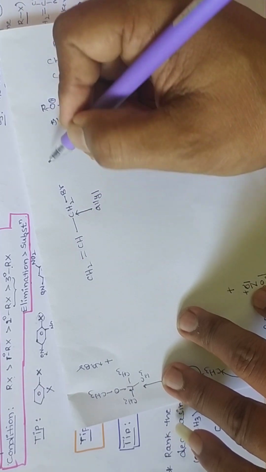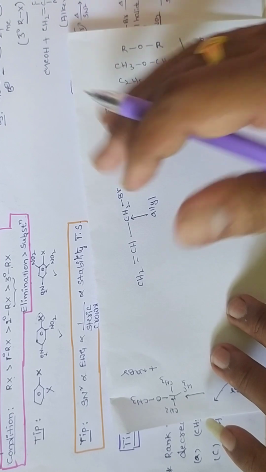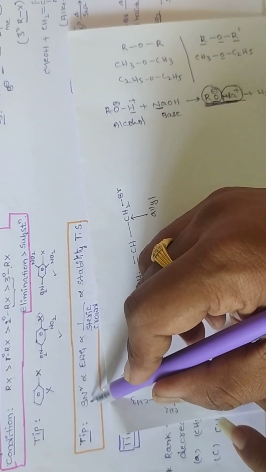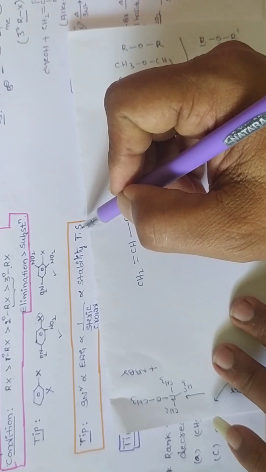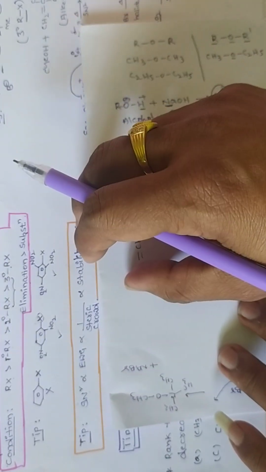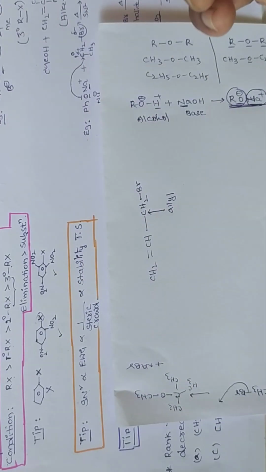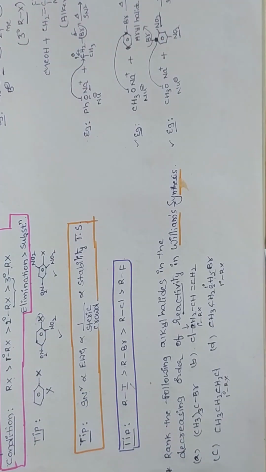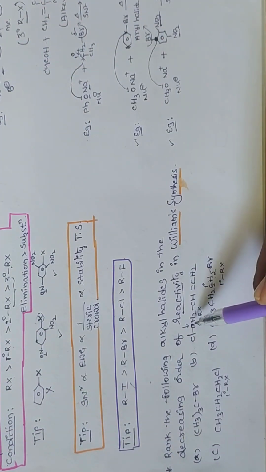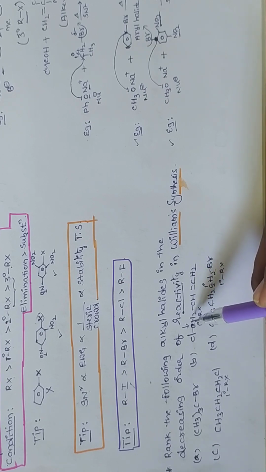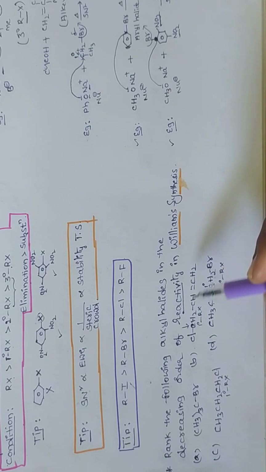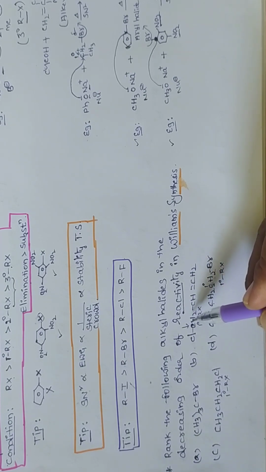Now generally, the SN2 mechanism depends upon the stability of the transition state. The more the stability of the transition state, the more favorable the SN2 mechanism. Here in the case of this alkyl bromide and allyl chloride, allyl is more favorable when compared to alkyl, because here the transition state is more favorable.